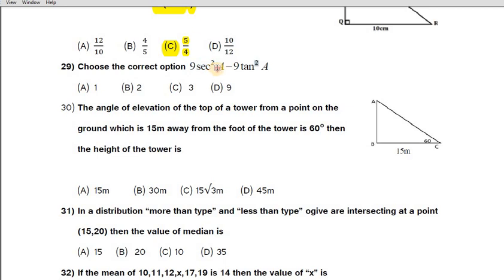Choose the correct option. 9 sec square A minus 9 tan square A. Options are 1, 2, 3, 4. Children, look at which value we wanted to find.